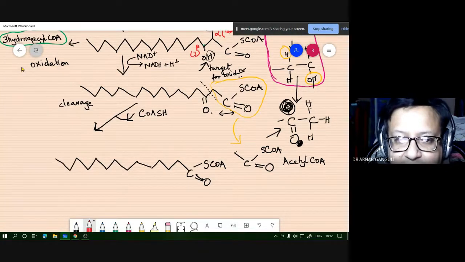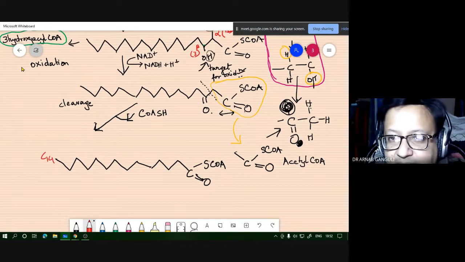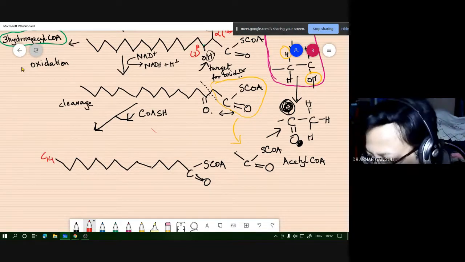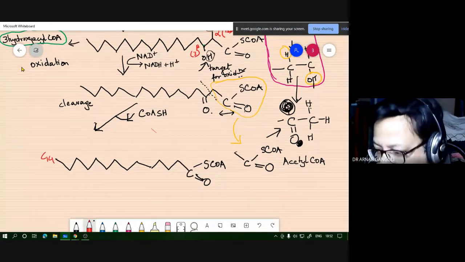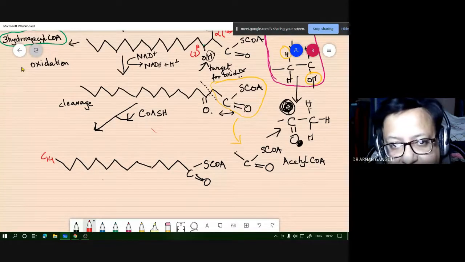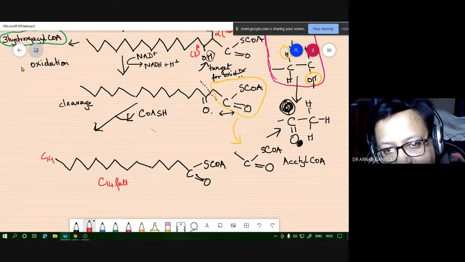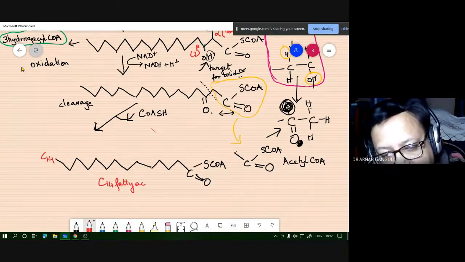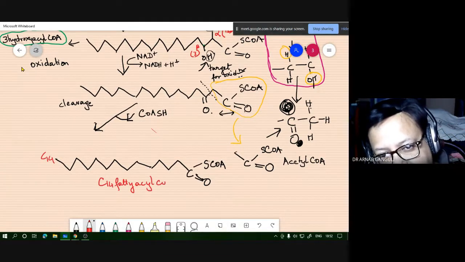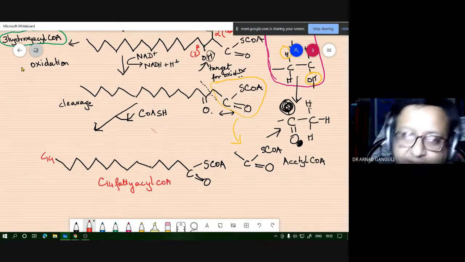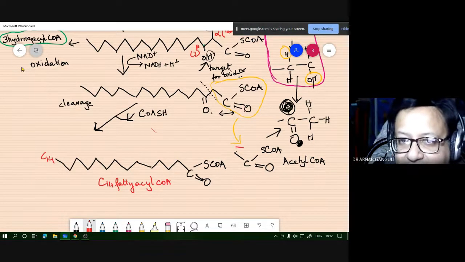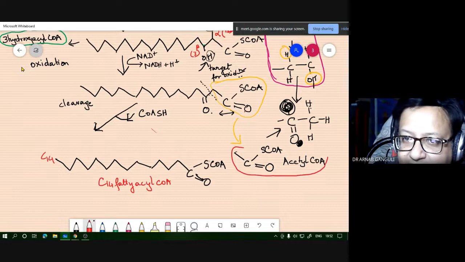So this becomes the new C14. And the CoSH comes over here and the C14 fatty acyl CoA is formed and this acetyl CoA is generated.